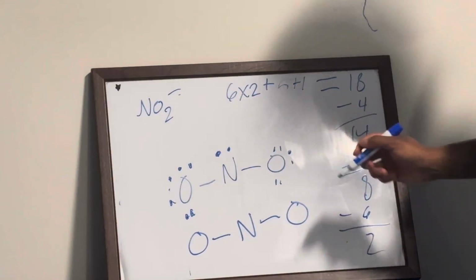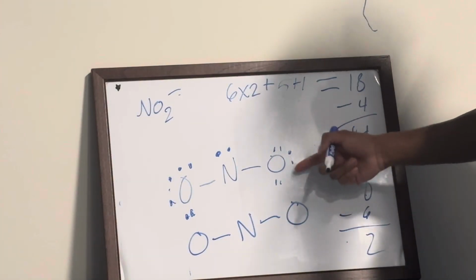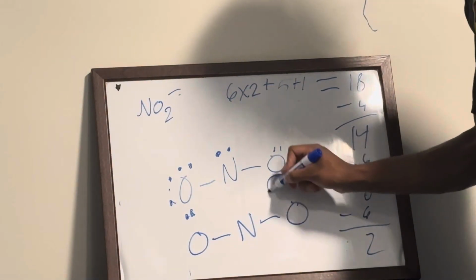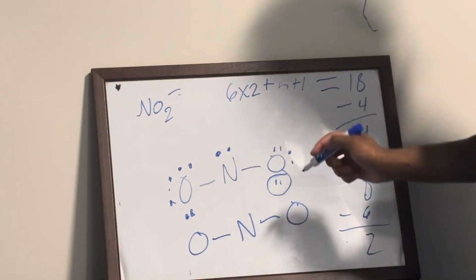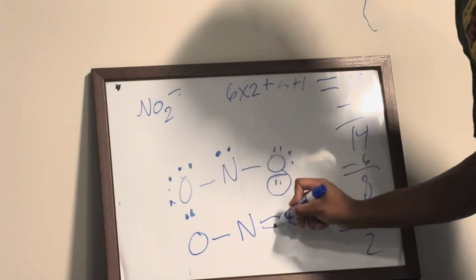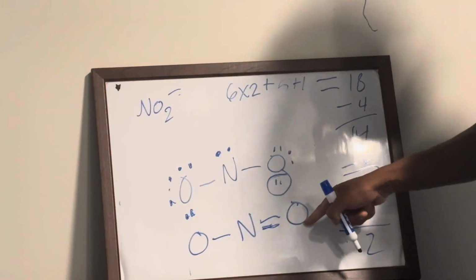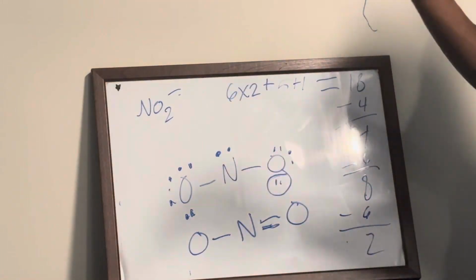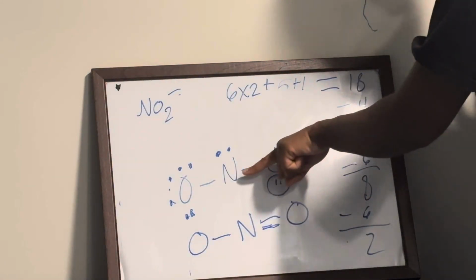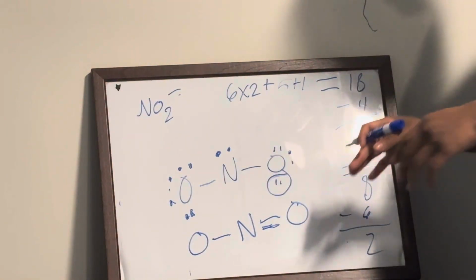So what we could do is, I'll take from this side, for example. You see these 2 electrons right here? They're not gone. I'm just going to make it a double. So this still has its 2 electrons, but we're sharing them now because there's not enough to go around. So we're going to share, and now we have a double bond.